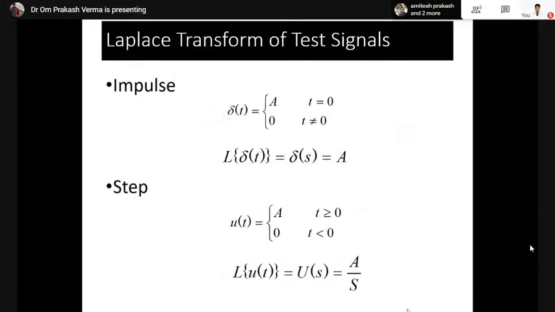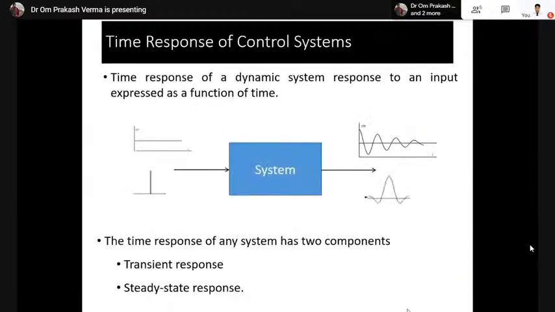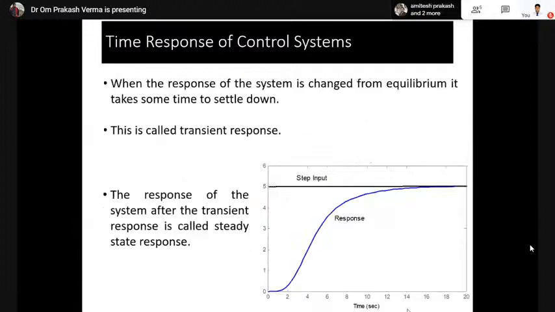Then we discussed the different types of transient response and disturbance response. We discussed the order and type of the system yesterday. We took one example of 1 upon s plus 1, found the transfer function is given by 1 by s plus 1, and determined the type and order of that system.